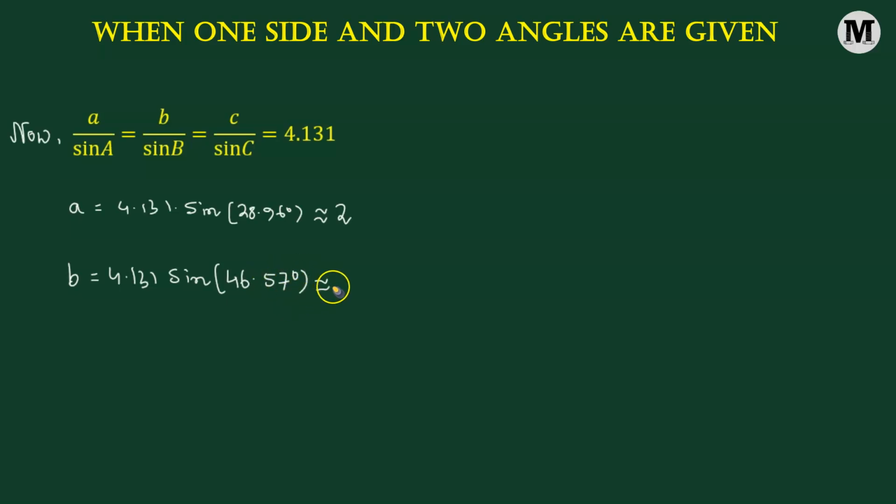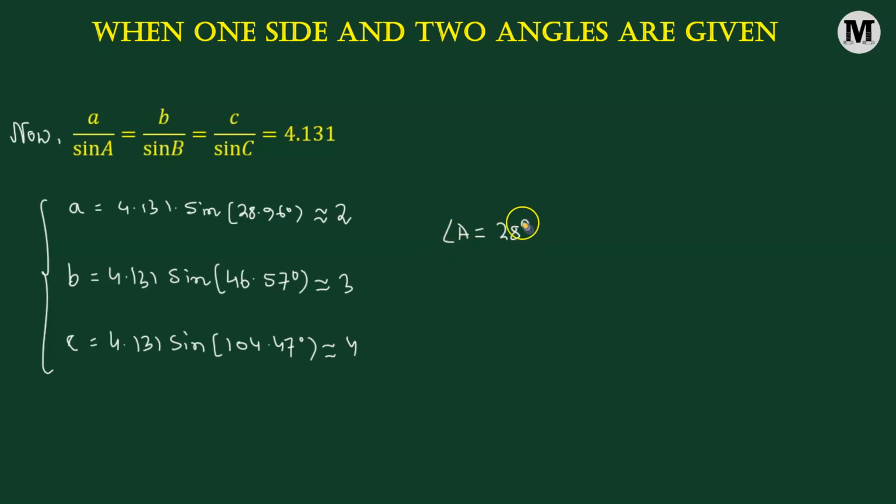And this is going to give us a value of approximately 3. And then we have c. So c is going to be 4.131 times sine of angle C, where angle C is 104.47 degrees. This is going to give us a value of approximately 4. So we have obtained the values of a, b, c, and we can say these are the 3 sides of the triangle, and we have angle A that came out as 28 degrees and 58 minutes. So we have successfully solved the triangle.